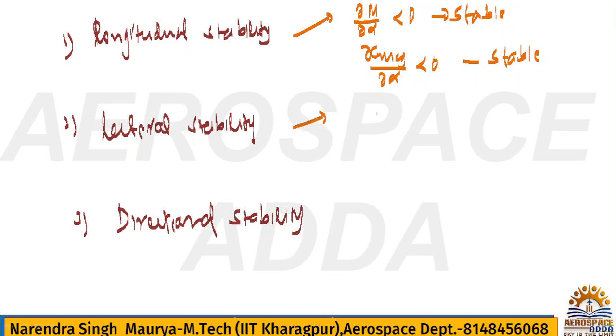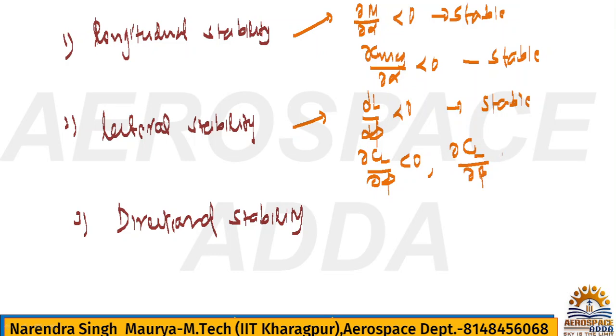Similarly, for lateral stability, what was it? It was L, right? So it was dL/dφ. dL/dφ will be less than 0, that is stable. Also you can write dCl/dφ less than 0, or dCl/dβ less than 0.